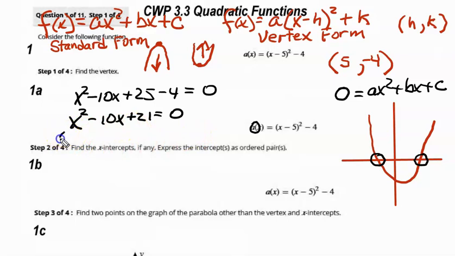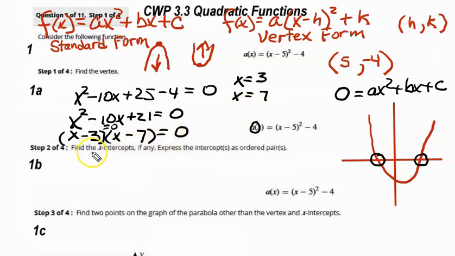Now this factors, so I can factor it: x, 7 and 3. So this is going to be a negative and a negative, equal each of the factors to 0. So here I get x equals 3, and here I get x equals 7.